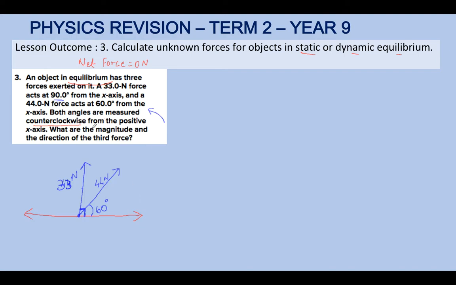So first let's calculate the magnitude. So the magnitude here, if it is such a situation, which rule do we use? Cosine rule. So I wish to draw the diagram by the head to tail method. So the first vector or the force is 33 newtons here.